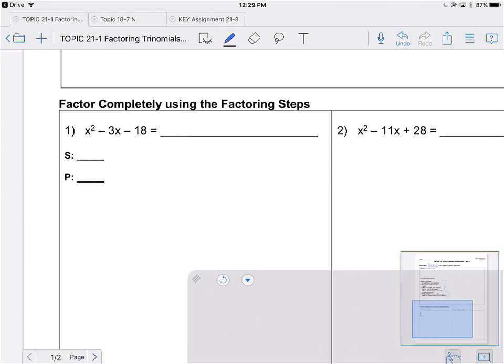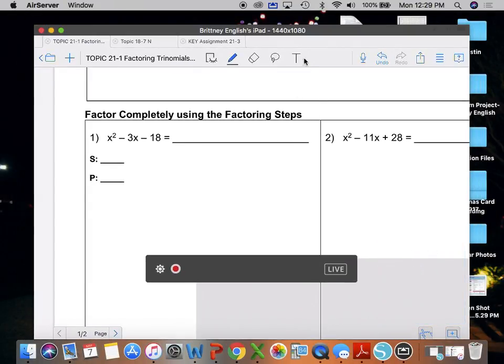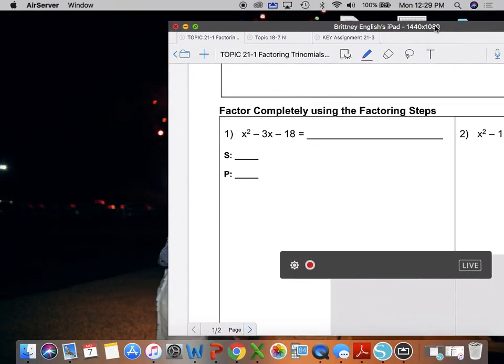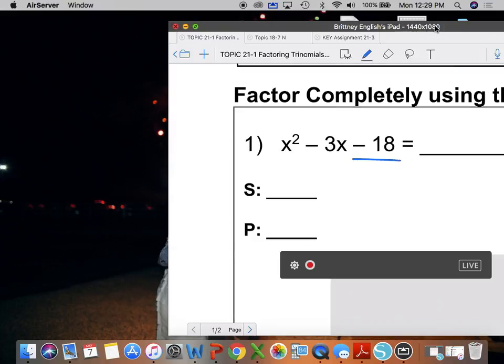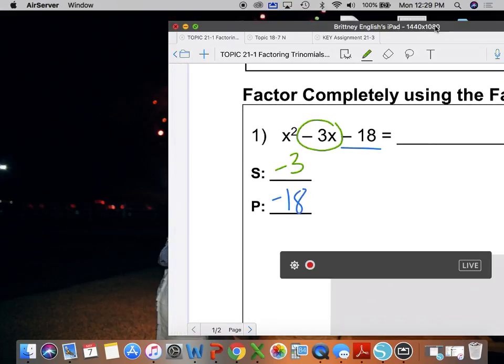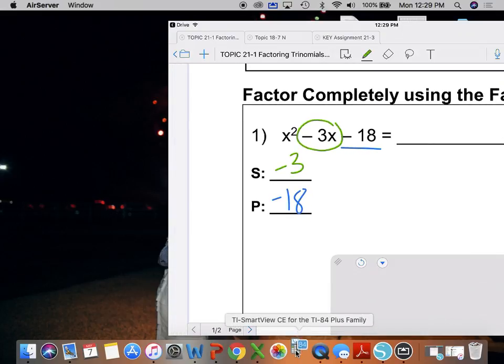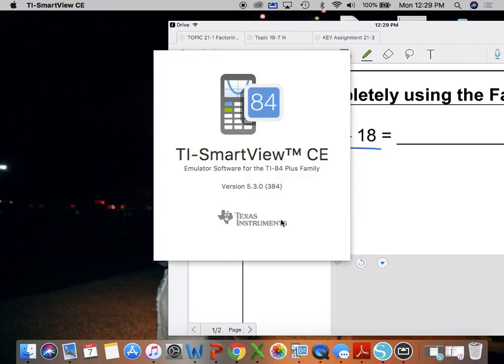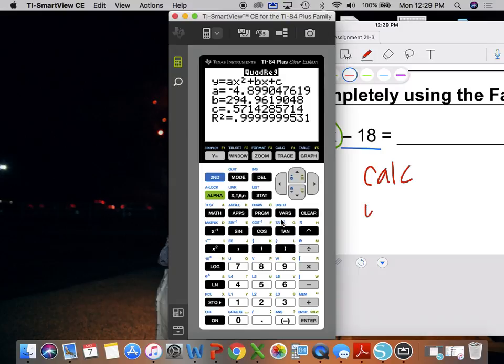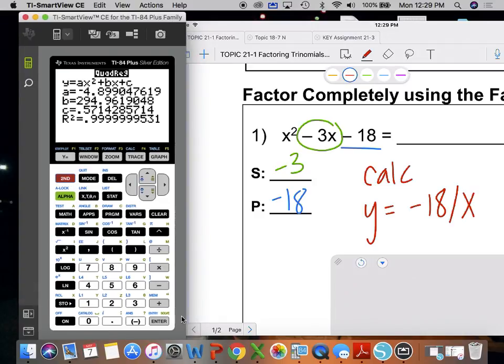So we're going to start with problem 1. So for problem 1, I identify my sum and my product. My product is always the last number without any x's or anything. My sum is the middle number, -3. So in my calculator, in y equals, I'm going to put the product divided by x.